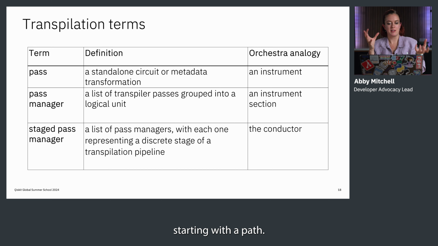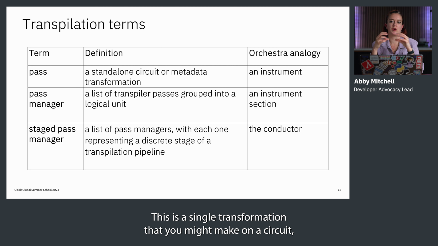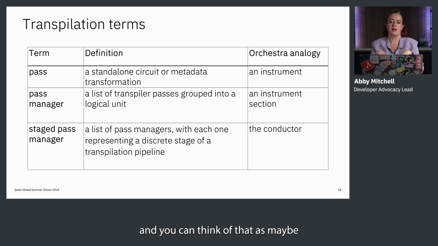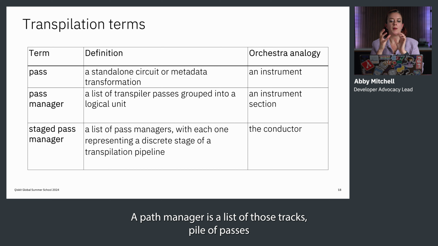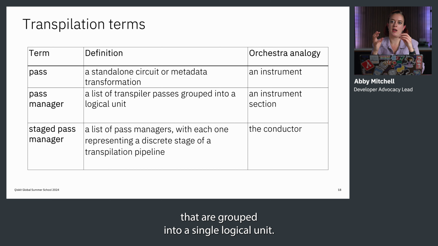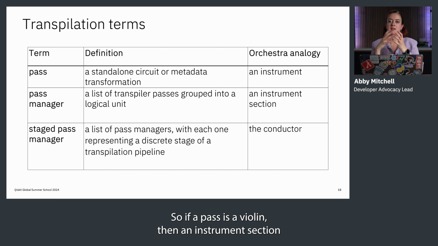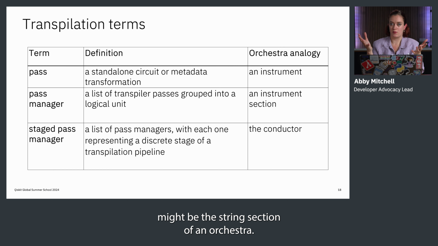Starting with a pass, this is a single transformation that you might make on a circuit. You can think of that as a single instrument in an orchestra, like a violin, for example. A pass manager is a list of those transpiler passes that are grouped into a single logical unit. So if a pass is a violin, then an instrument section might be the string section of an orchestra.